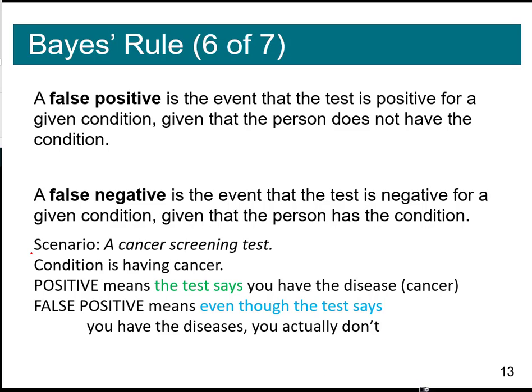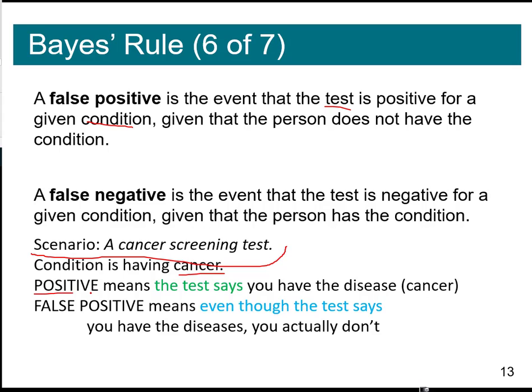Let's consider this scenario, a cancer screening test. So we're talking about a test. Maybe they draw your blood and then they check. And so the condition, supposedly, is, for example, having cancer.